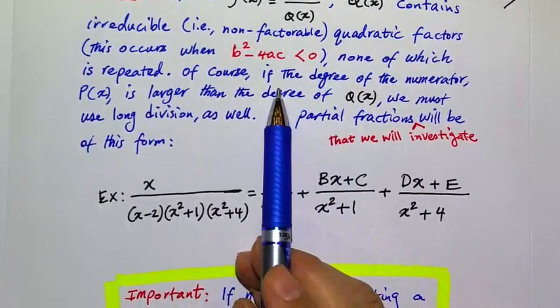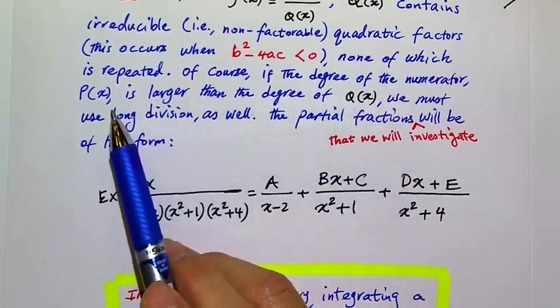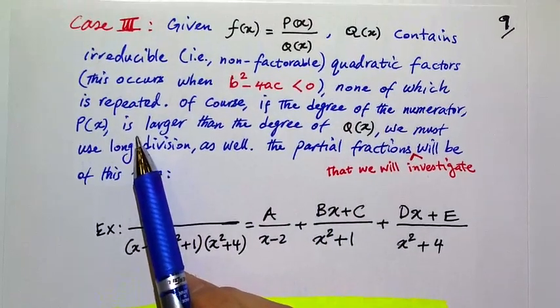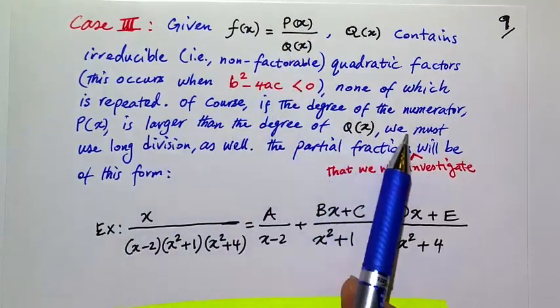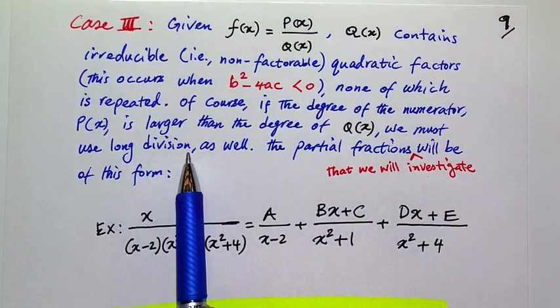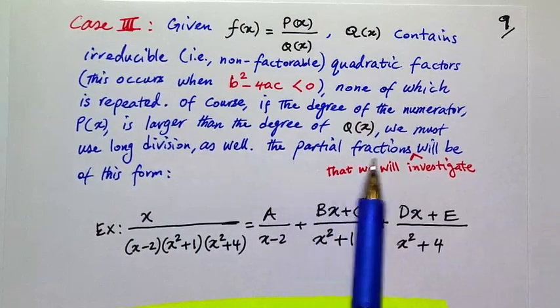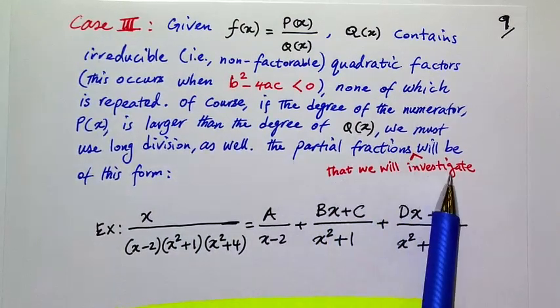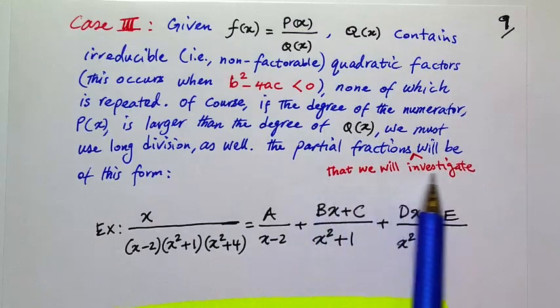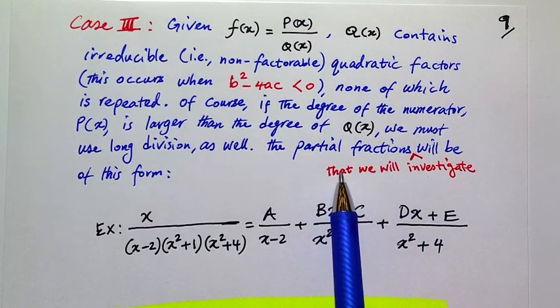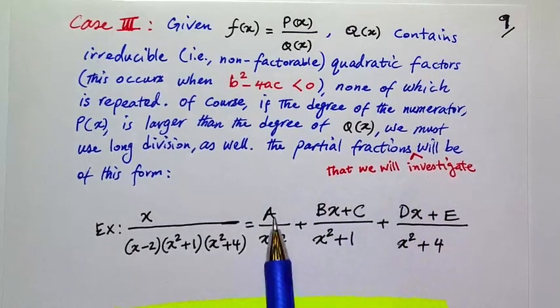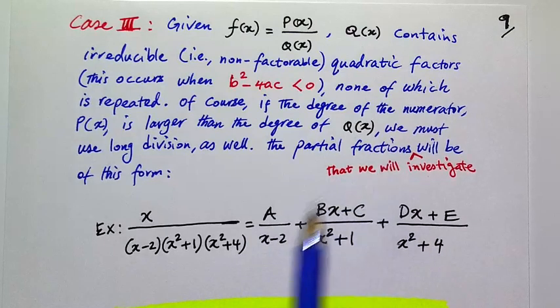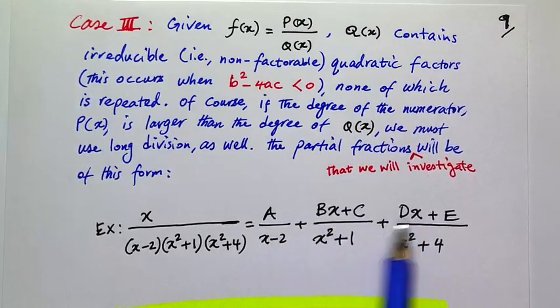And of course, if the degree of the numerator, P(x), is larger than the degree of the denominator, Q(x), we must use long division. Okay, and the partial fractions that we will investigate, and I intentionally put this in red out here, I wanted it to stand out, will be of this form.